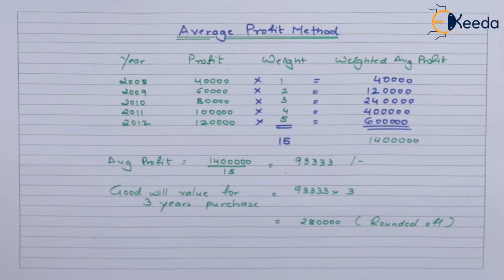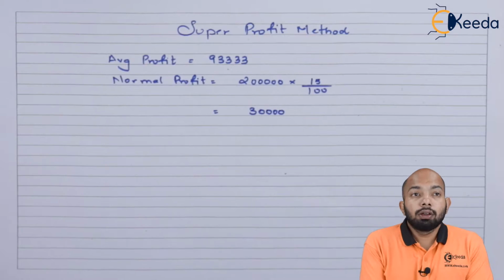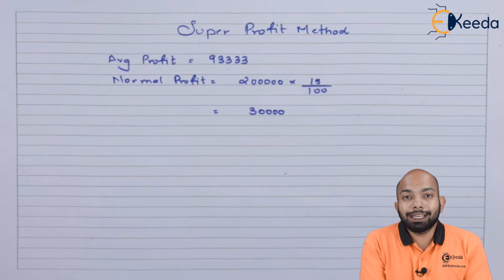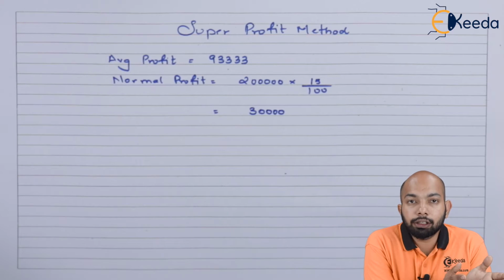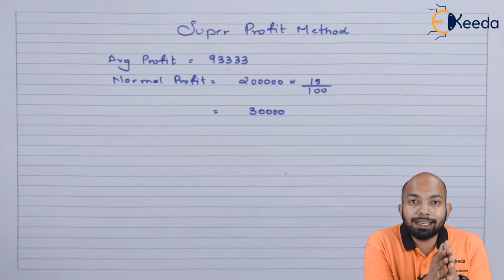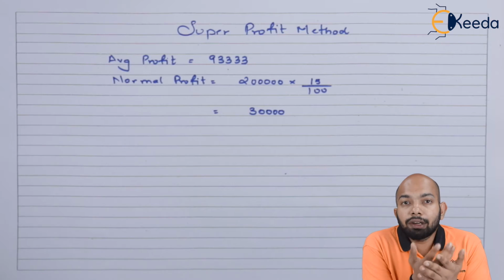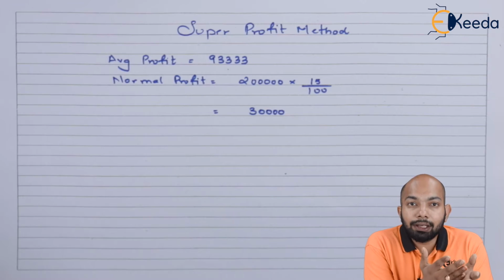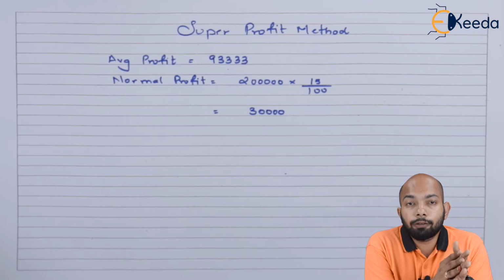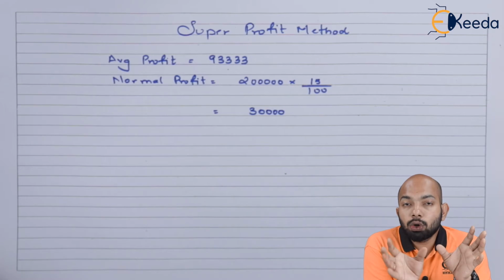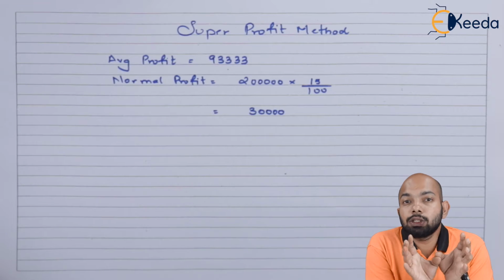Now let's go ahead and figure out what is super profit that can be earned here and what is the goodwill according to that. So under super profit method, you have to utilize the average profit that has been derived earlier and the normal profit has to be calculated. To calculate the normal profit, you understand that you need capital employed and the normal rate of return. So whatever is the amount, when you multiply capital employed with the normal rate of return, whatever amount you get, that is the normal profit. So average profit minus normal profit, the difference that you get is the super profit here.